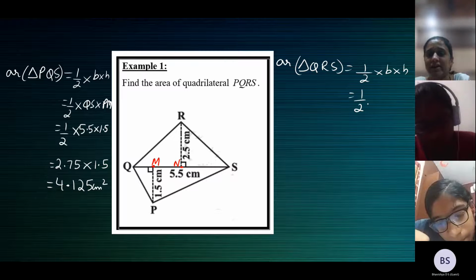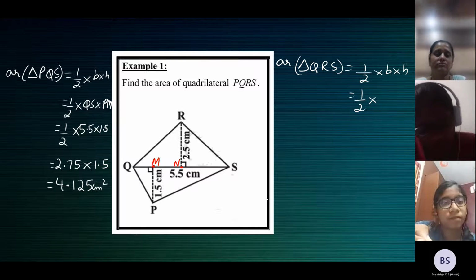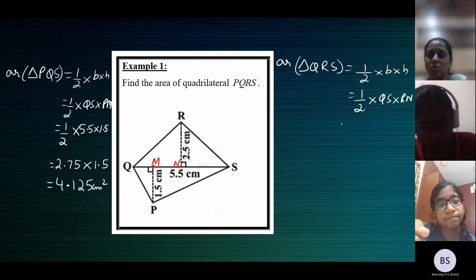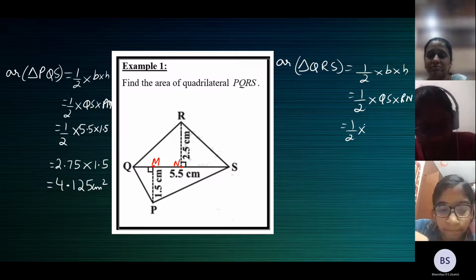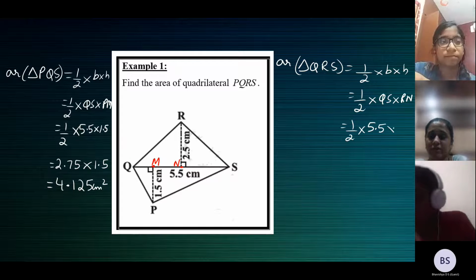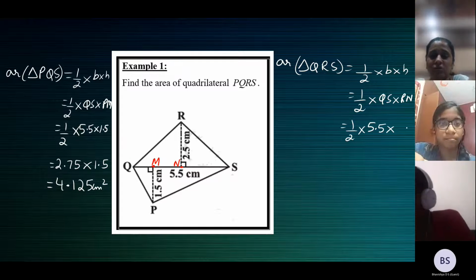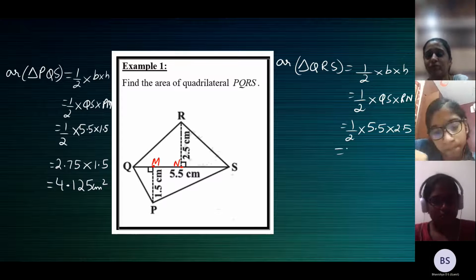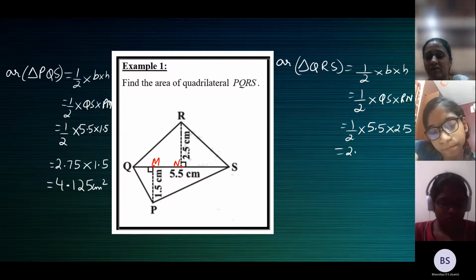So which is the base of triangle QRS? QS. QS into altitude? RN. Now, what's the length of QS? 5.5 centimeters. And the length of the altitude RN? 2.5 centimeters.